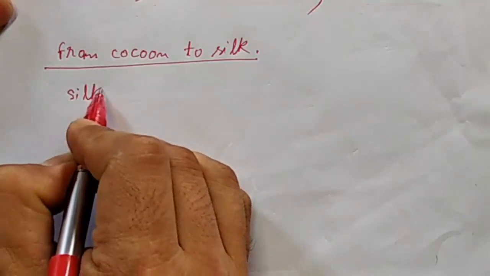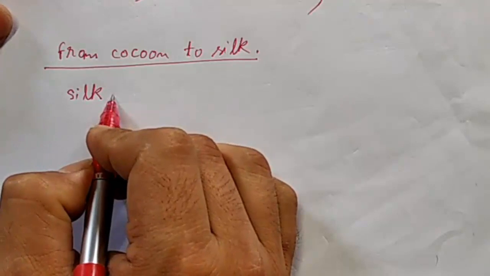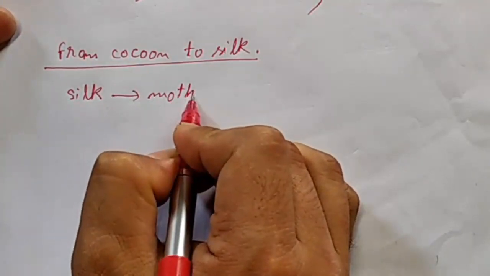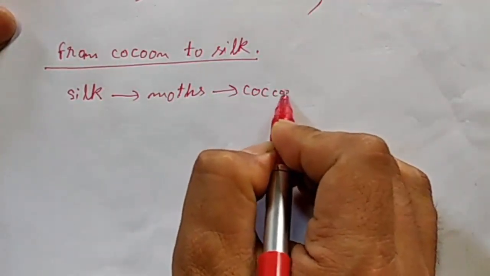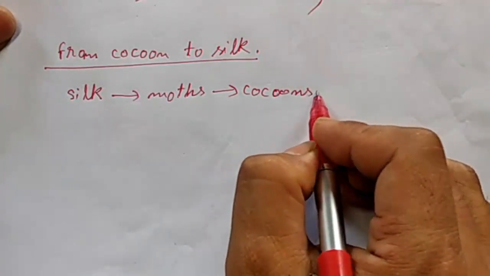For obtaining silk, we have to rear moths and their cocoons are collected to get silk thread.